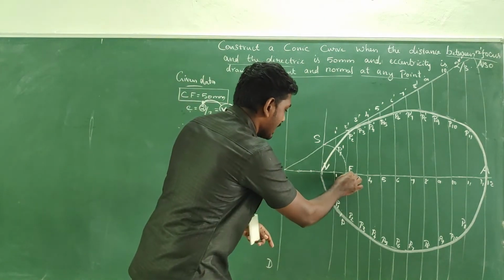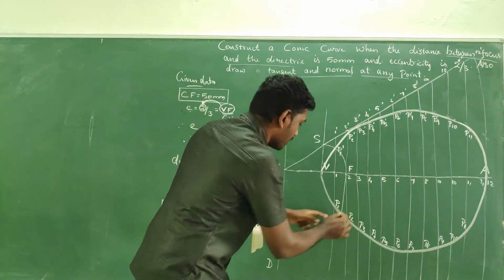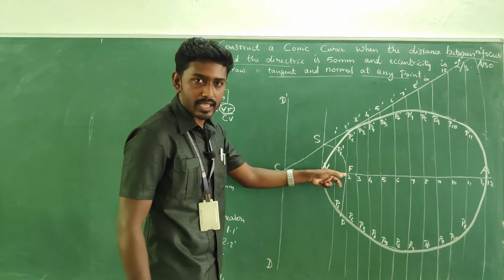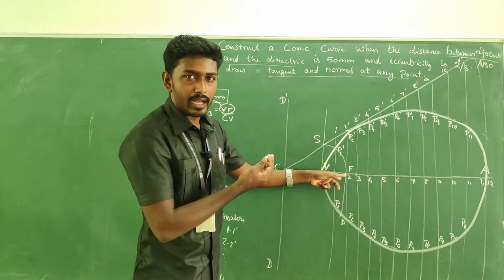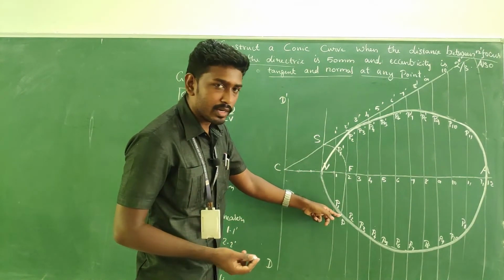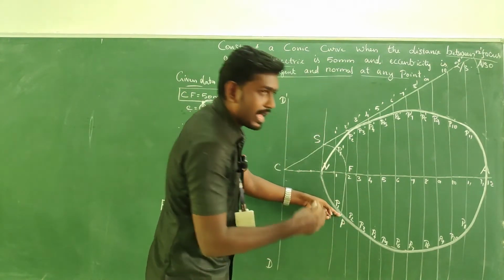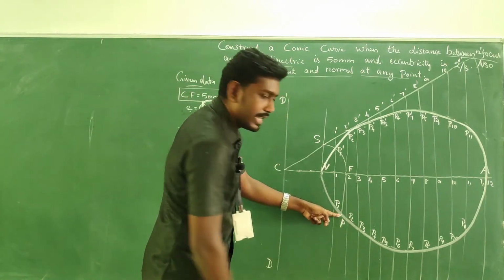So next step, how to take a line from the chosen point to the focus. In order to draw the tangent and normal, I have taken a point. Since it is given as take at any point, I have chosen here.